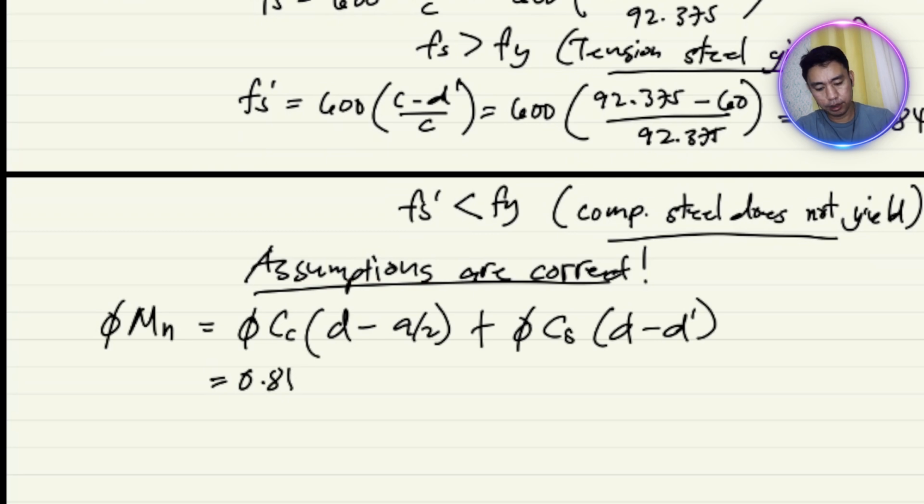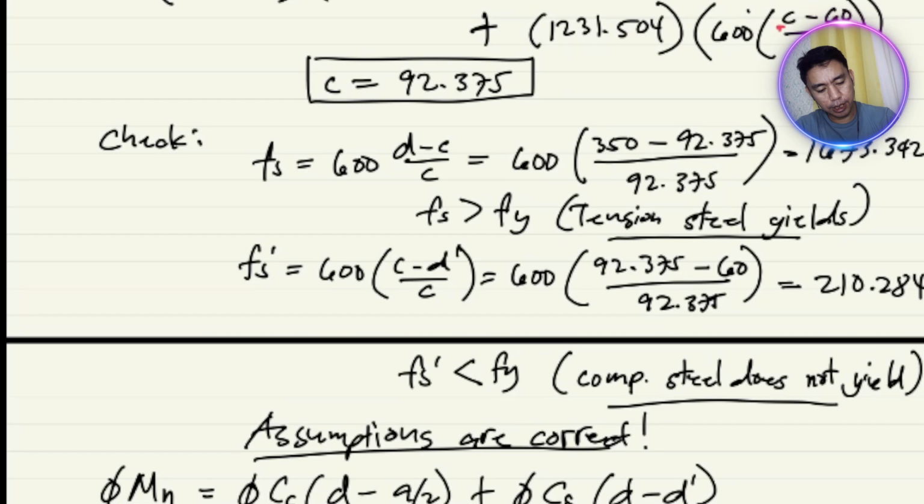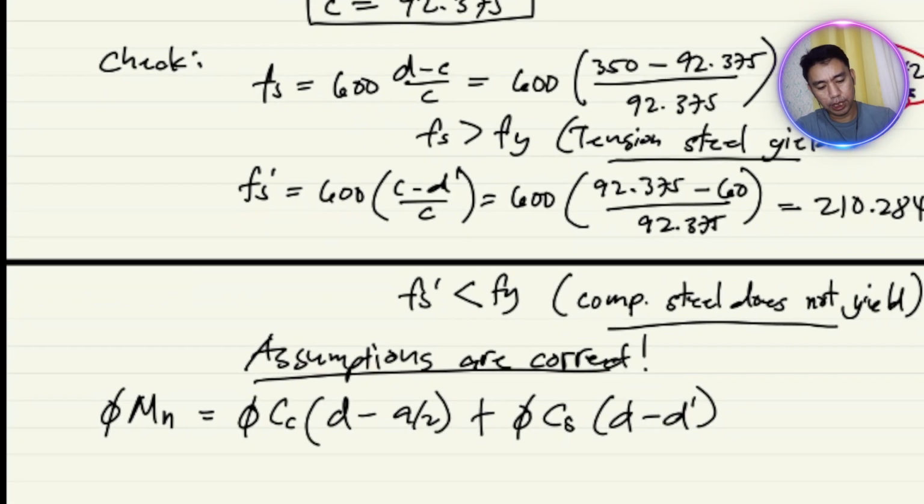Ang phi natin. Wait. Ano pala yung phi? Ang phi. Let's check at the Fs. Ang Fs is greater than 1,000. See here? Ang Fs greater than 1,000. So this is tension control.